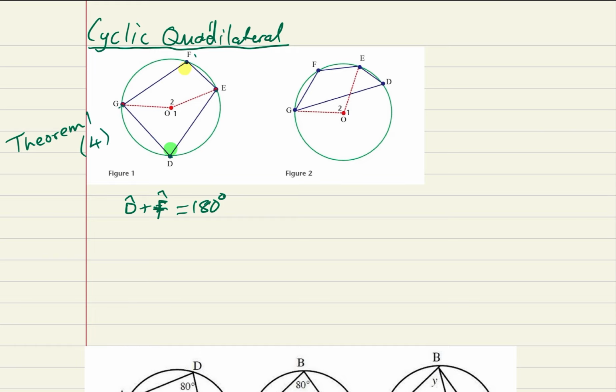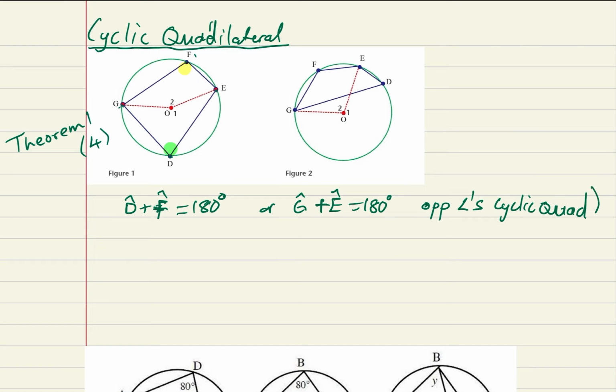Okay, so same goes. It also continues and says, or angle G plus angle E equals 180 degrees. Why? These are opposite angles of a what? Of a cyclic quad.